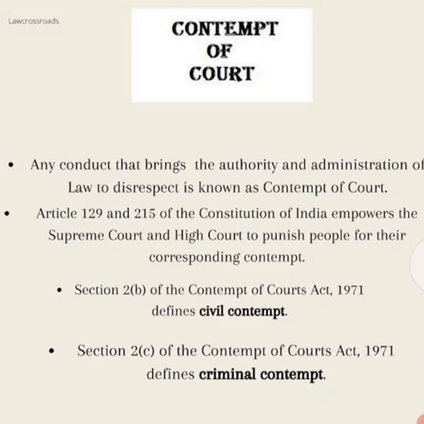The next defense is Section 5, fair criticism of a judicial act is not contempt. If anyone or any group of persons is held liable for criminal contempt, then they must prove that fair criticism of a judicial act has been done by them, which is not punishable by the judiciary under this defense.